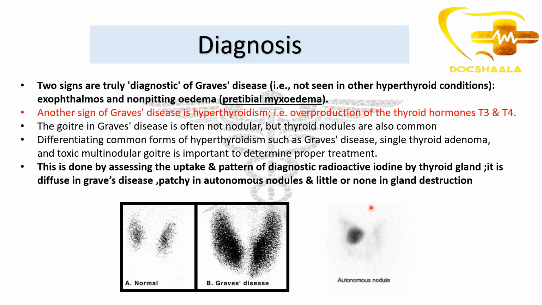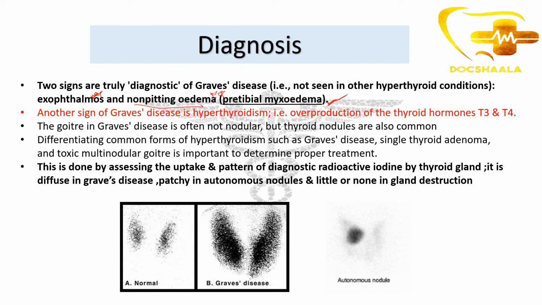Two signs are truly diagnostic of Graves' disease, which are not seen in other hypothyroid conditions. That is exophthalmos, the ocular signs I told you about, and non-pitting edema, that is pretibial myxedema. Thyroid gland enlargement is also seen in some other conditions, but exophthalmos and non-pitting edema are truly diagnostic signs of Graves' disease.